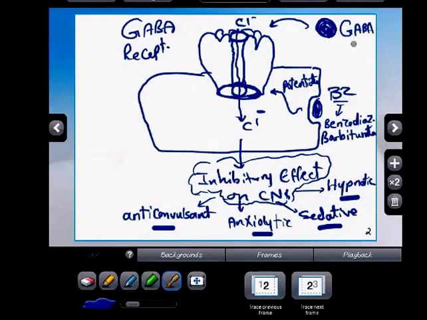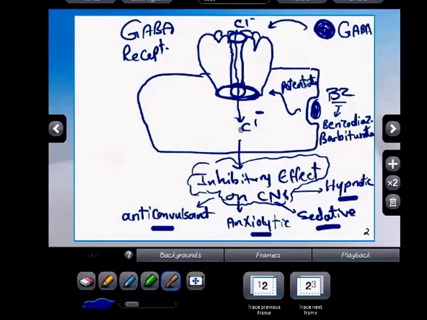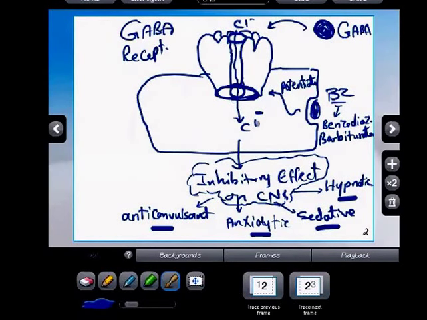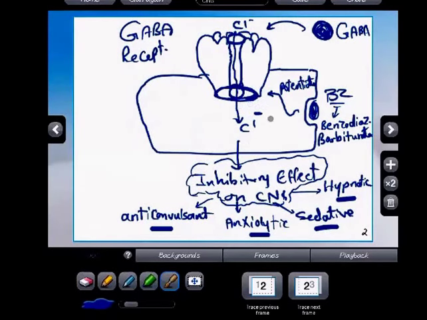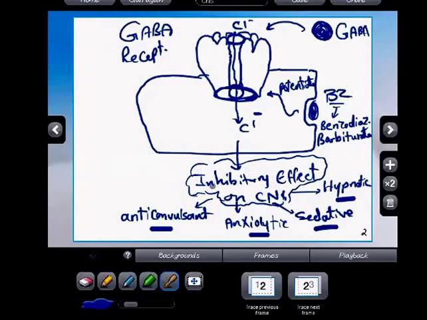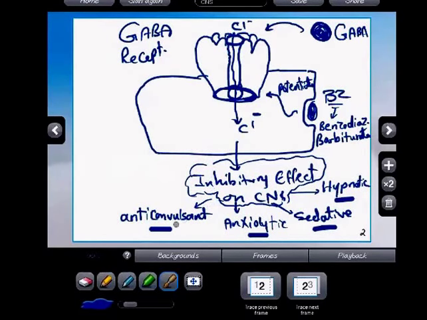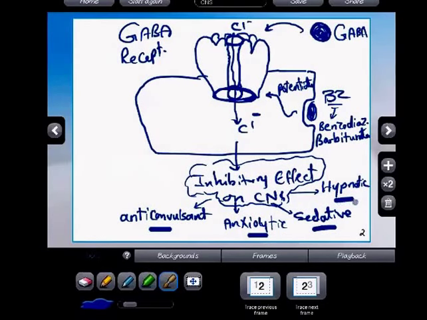When the GABA neurotransmitter acts on the GABA receptor, this is leading to influx of the chloride, which means, if you remember, hyperpolarization, severe decrease in the potential. And that makes an inhibitory effect on the central nervous system, which can give anticonvulsant, anxiolytic, sedative, and hypnotic.